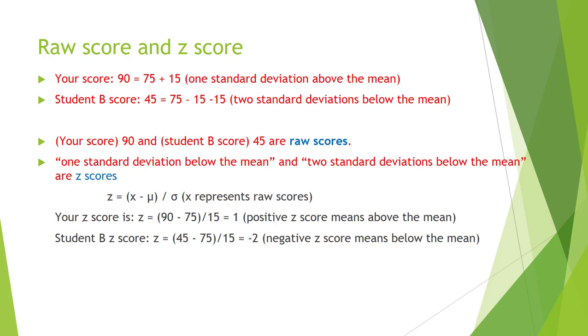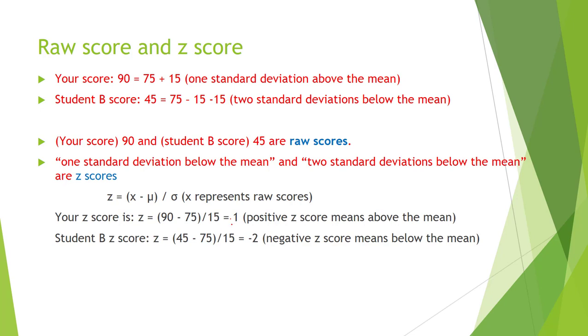So your score is 90 minus 75 divided by the standard deviation, which is 1. That is 1, the number is positive. This is why I say your score is 1 standard deviation above the mean, because it's larger than the mean.